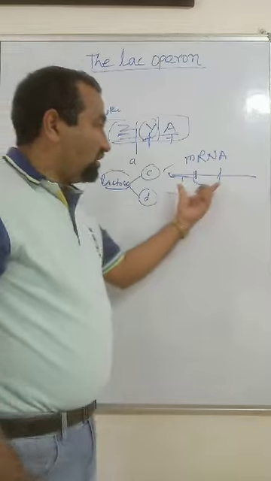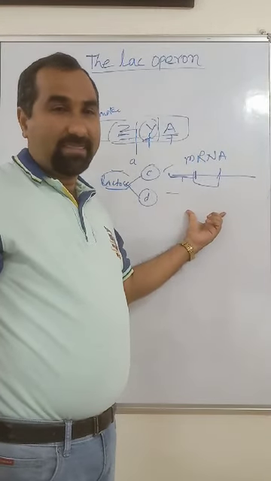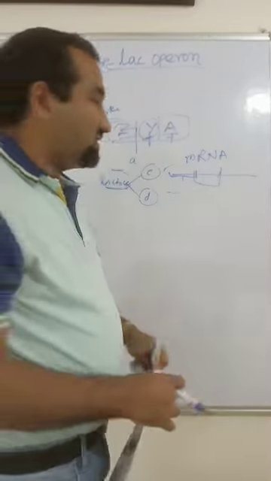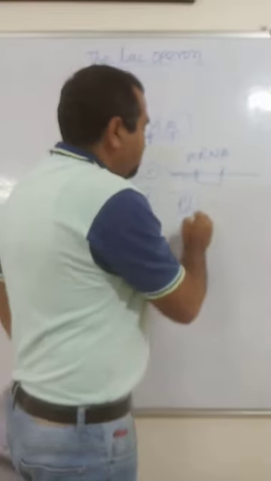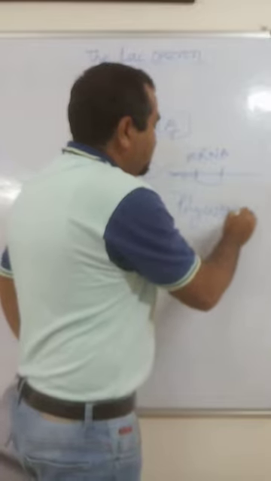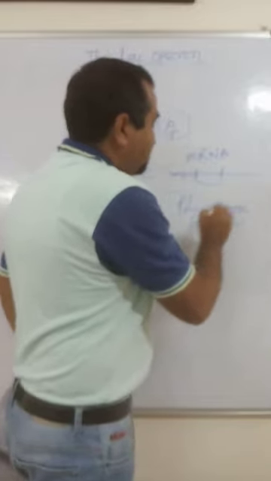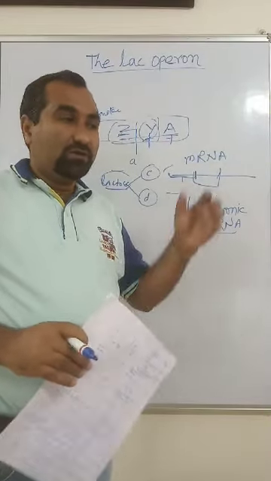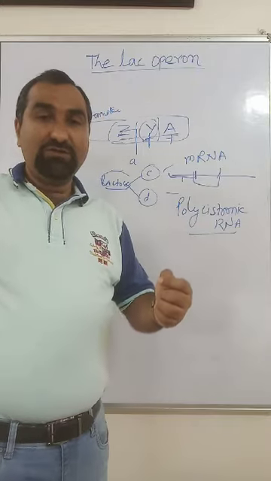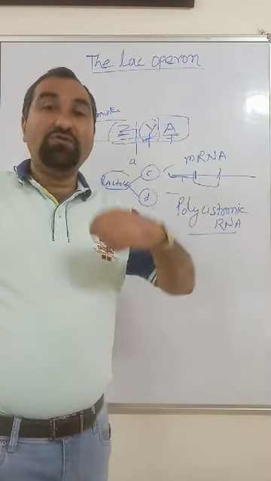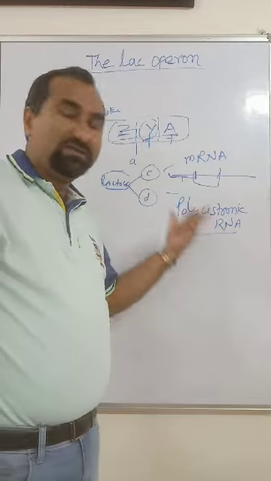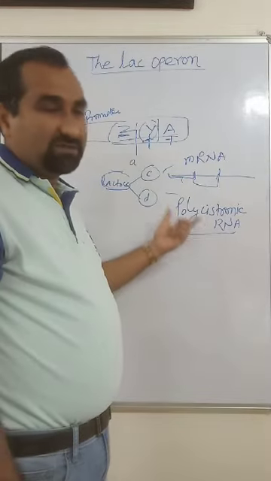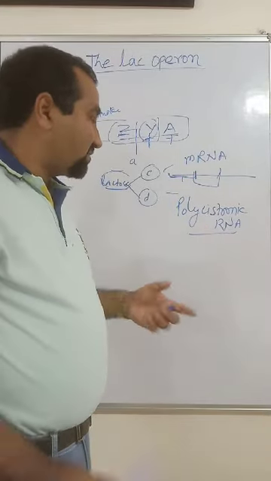So only one messenger RNA is produced for all three structural genes. This type of messenger RNA is known as polycistronic RNA. When a messenger RNA molecule has the coding sequences to produce more than one type of protein, it is known as polycistronic messenger RNA, and this is a characteristic of microorganisms.